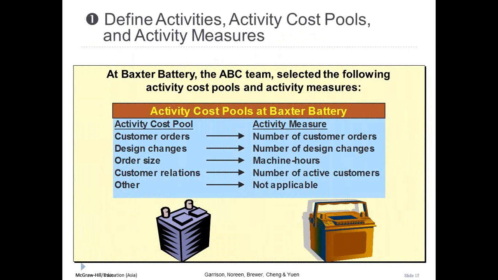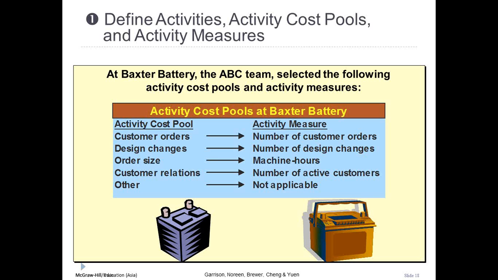The first step in implementing ABC is to define activities, activity cost pools, and activity measures. The activities are often identified and defined by interviewing the employees that work in the respective overhead departments. The lengthy list of activities that emerges from this process is usually reduced to a handful by combining similar activities.